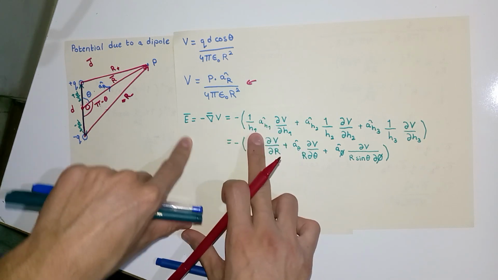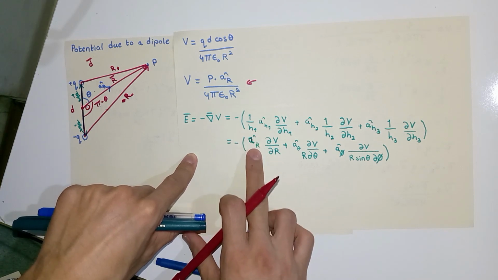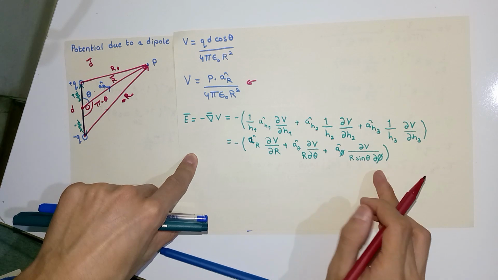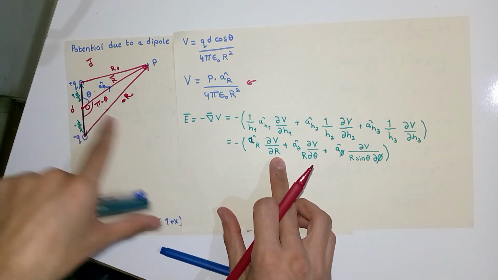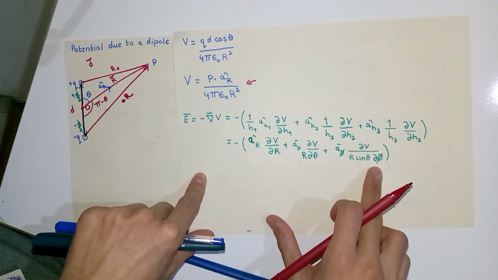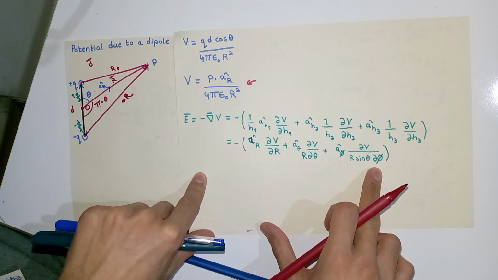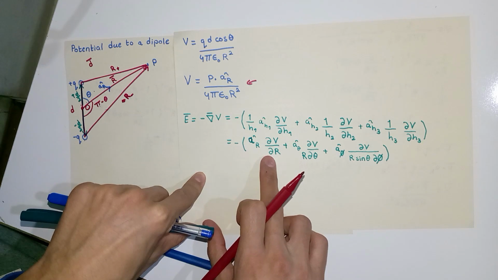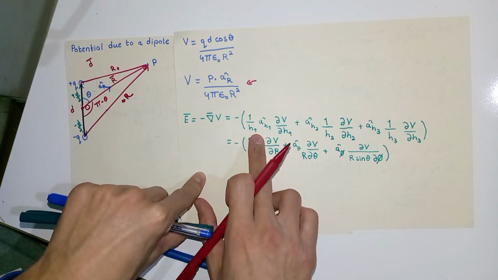In our case, we are handling the spherical coordinate system. So we have r, theta, and phi coordinates, which are the radius of the sphere, the polar angle, and the azimuthal angle, respectively. And let's not forget the multiplication of each derivative by the metric coefficient.